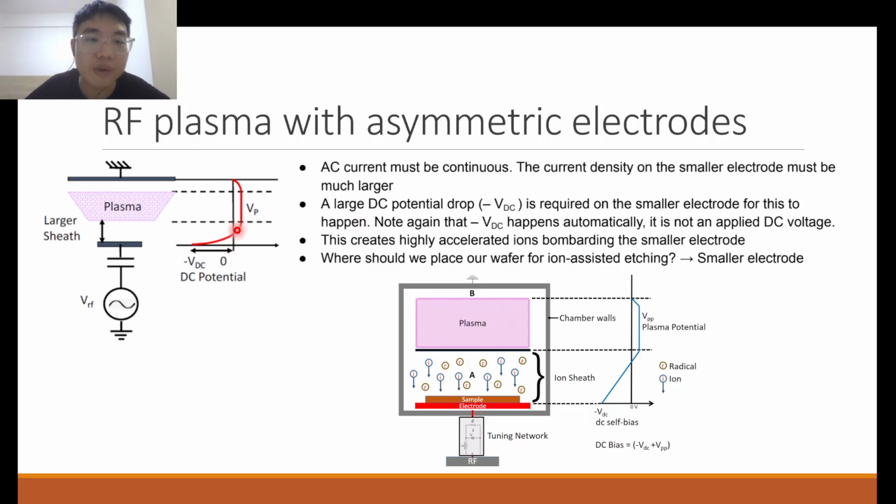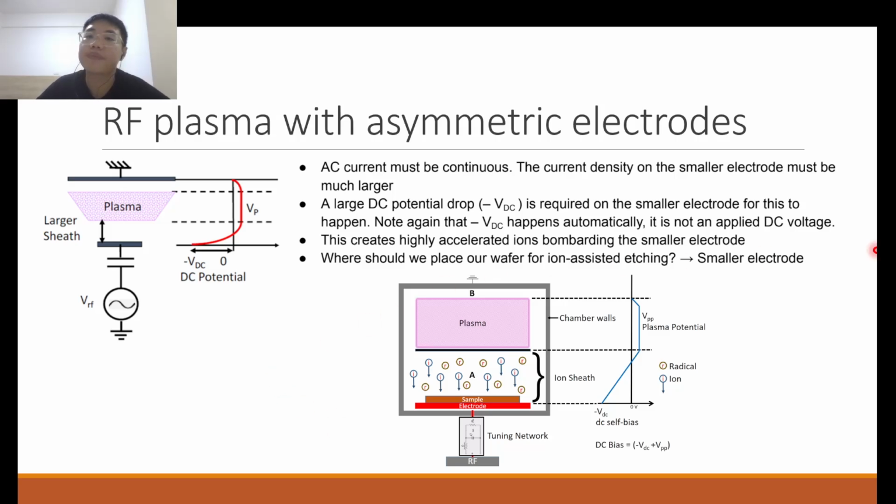And we also observe a larger DC bias on the side of the wafer, a larger self-generated DC bias at the wafer side. So this means that at the wafer side there's a higher ion current density, and the ions are being accelerated to higher speeds at the wafer side.